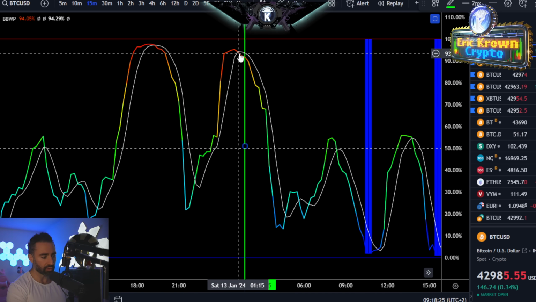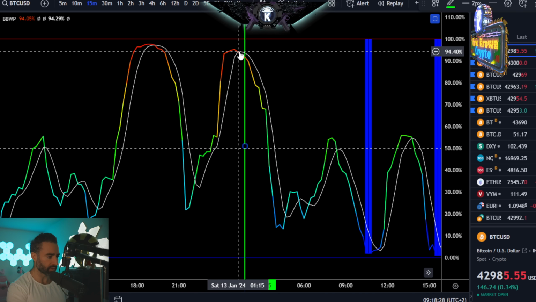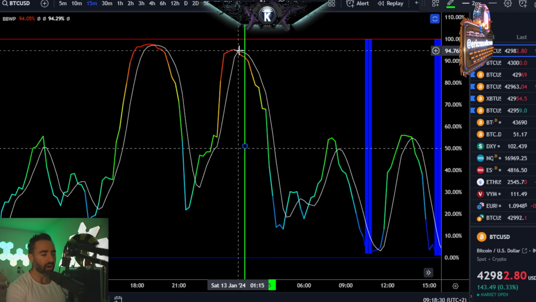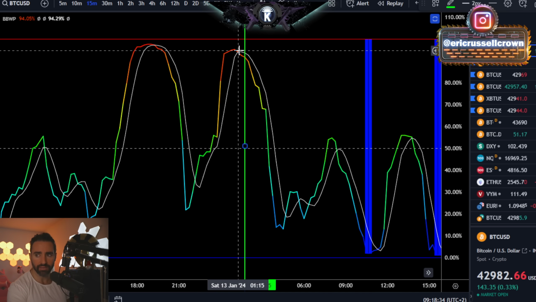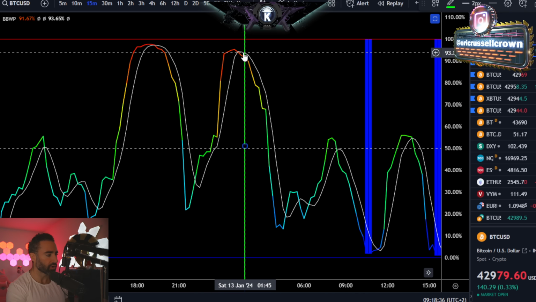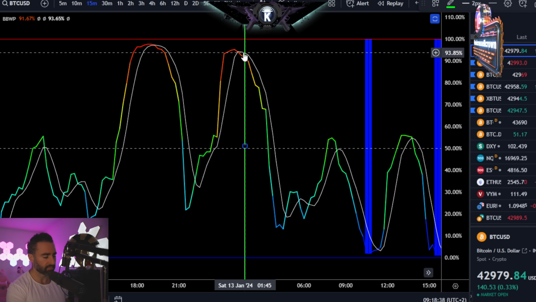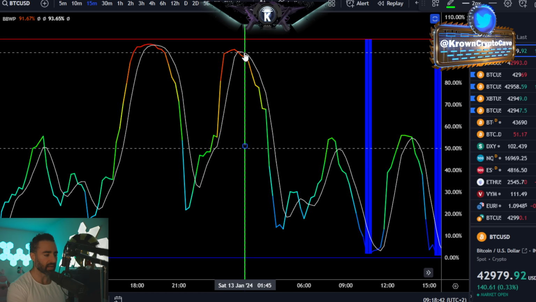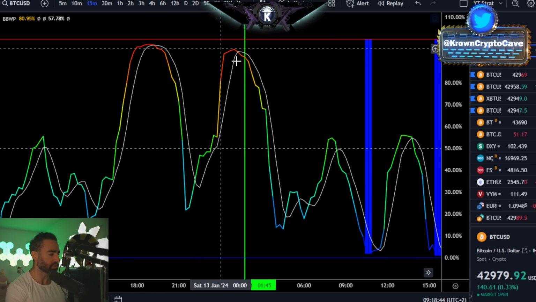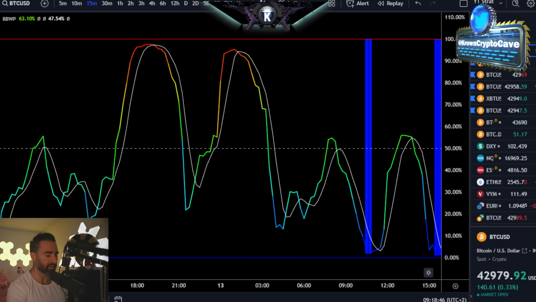The moving average, the white line on this chart, the prior close number, which is represented at the top left-hand side at 94.29%, to the current should be a decrease. And 94.29 to 93.65 is a decrease. So yes, that condition would be met in this particular case.